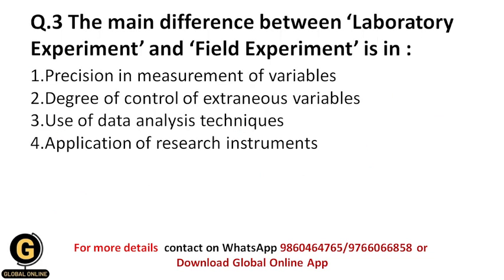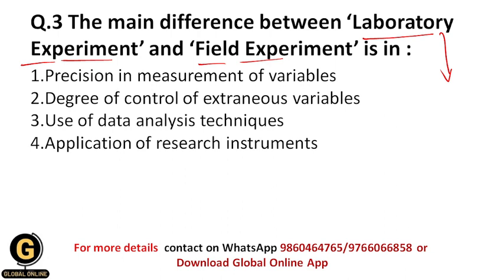Okay, the main difference between laboratory experiment and field experiment is in. So what is the main difference between laboratory experiment and field experiment? The main difference is that a laboratory experiment is held in a proper controlled environment, in the lab environment.